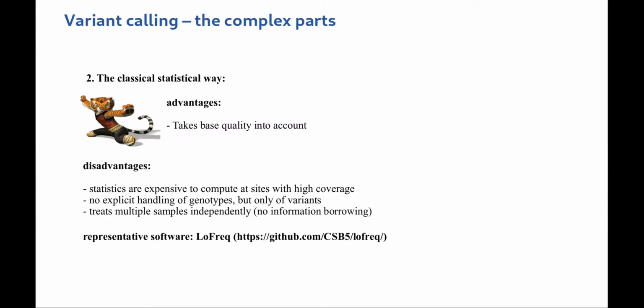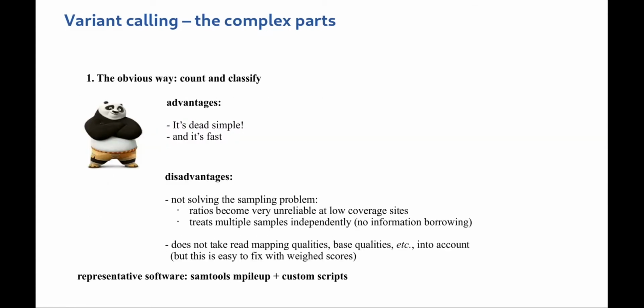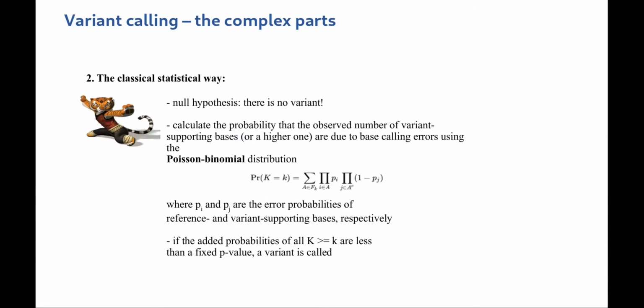It can only tell you variants, but not make any claims about genotypes. I mean, even our simple, obvious way had genotypes included, right? But the more advanced classical statistical way doesn't.